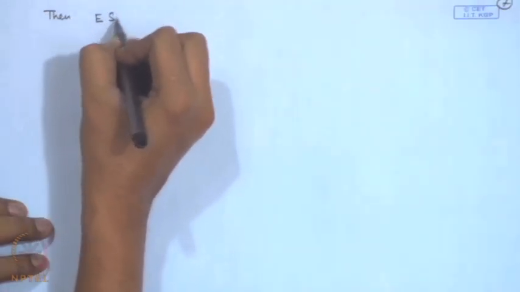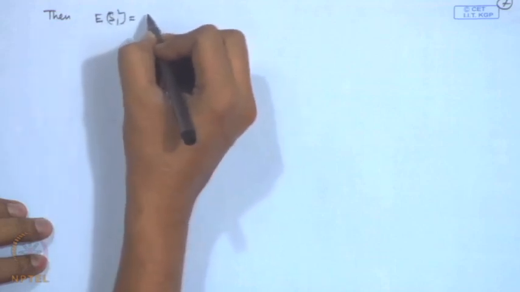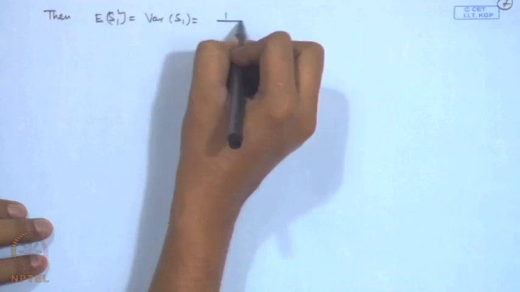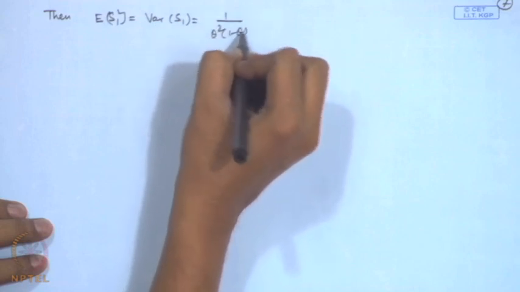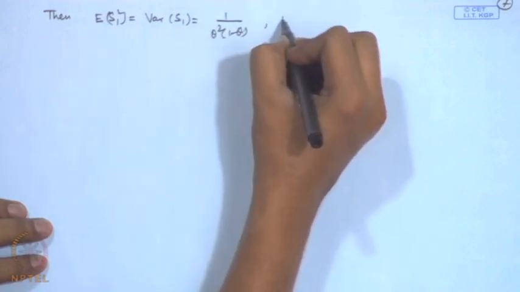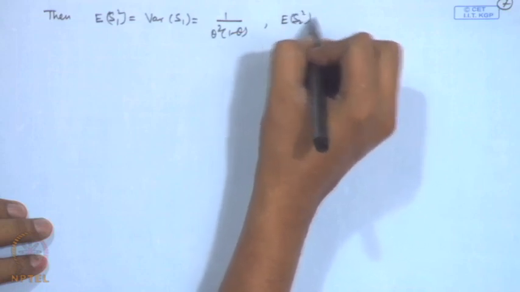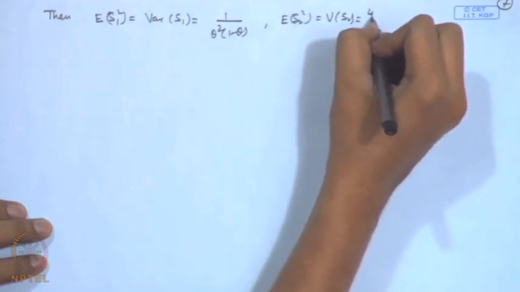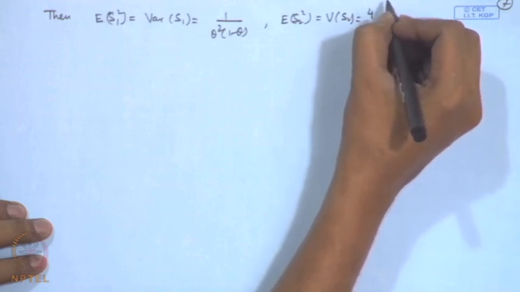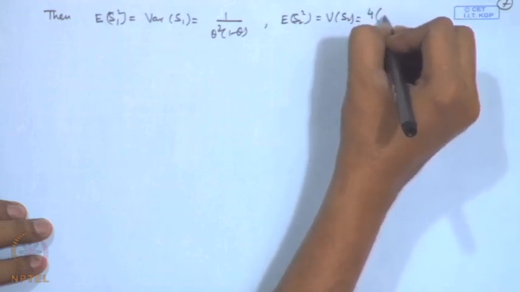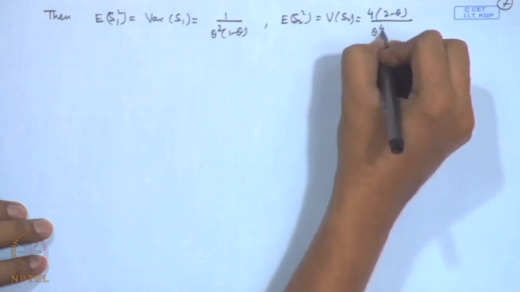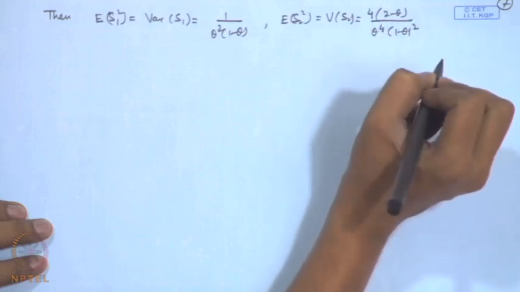If we use these expectations, we can easily write down the expectation of S1 square, that is variance of S1, as 1 by theta square into (1 - theta). Expectation of S2 square, that is variance of S2, is equal to 4 into (2 - theta) divided by theta to the power 4 into (1 - theta) square.